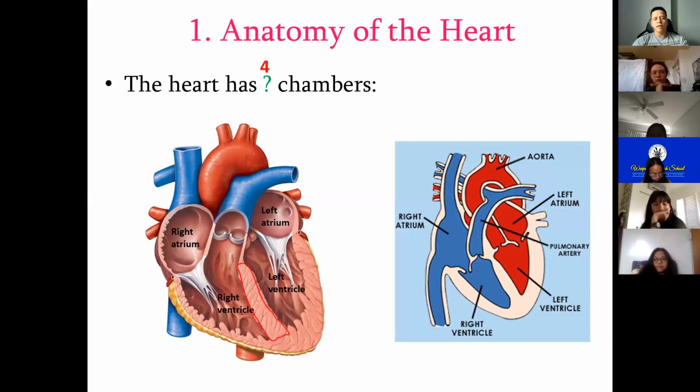This is what we call the interventricular septum, or the interventricular wall, okay? Separating the right and the left ventricle, right? We also have an interatrial septum, or the interatrial wall, separating the right and the left atria.